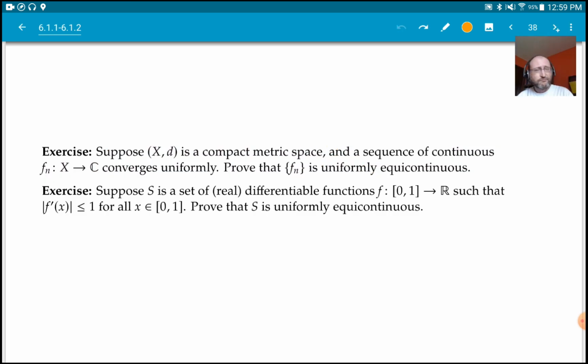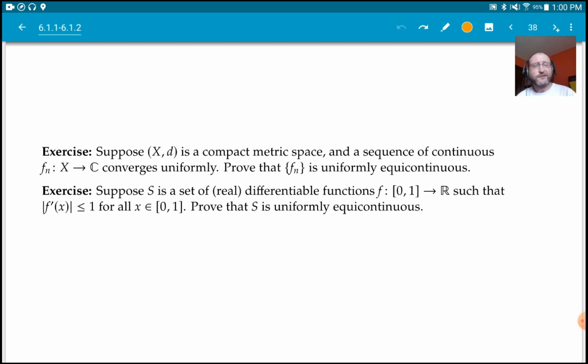So the next exercise: let's see how the derivative can come into play, because in the end we're going to get stuff that's differentiable. We're talking about continuous functions at this point, but eventually we're going to talk about holomorphic functions. Those are all differentiable, and it's something about boundedness of the derivatives.